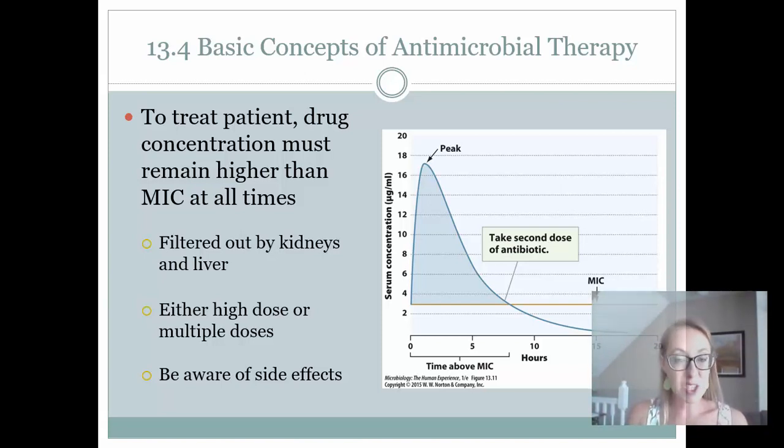But it's a dance. We don't just want to give these really high doses of antibiotics because sometimes these drugs can have harmful side effects. Sometimes the drug itself can have harmful side effects to our cells. We try our best to ensure that they are selectively toxic, but sometimes if we are limited on the drugs that we can choose, we'll opt for one that maybe has some more dangerous side effects because that's the best one to fight off the pathogen that we have.